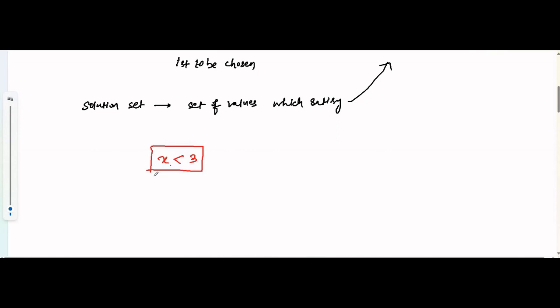Now let's say it is mentioned in the question that the replacement set is the set of natural numbers, which is 1, 2, 3, 4, like that. In this case, we have to pick the values from this set of natural numbers which satisfy this relationship.